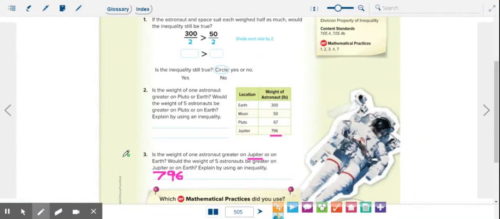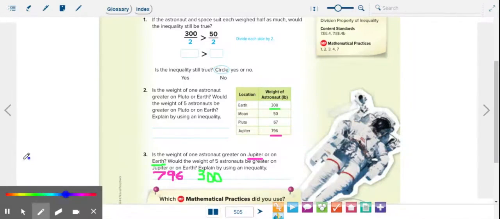Then we need to find the weight of an astronaut on Earth. The weight of an astronaut on Earth is 300 pounds. Then we need to compare the inequalities. 796 is greater than 300.